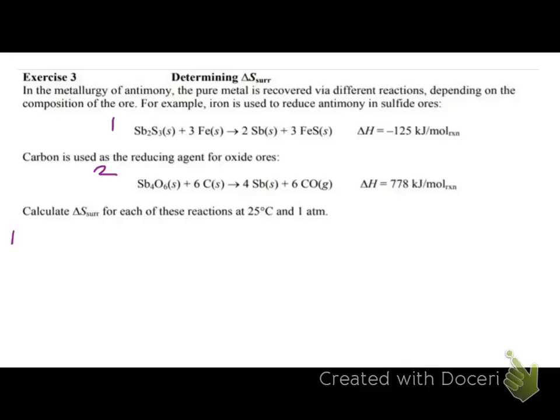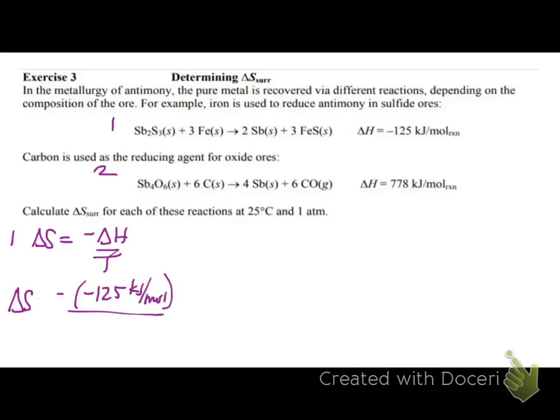So for 1, we know that delta S is equal to negative delta H over T. So we're going to say delta S is equal to negative of a negative 125 kilojoules per mole divided by, what was our temperature? Did it say? 25 degrees Celsius. Okay, so that's 298 K, right? Oh, not 29 K, 298 K.